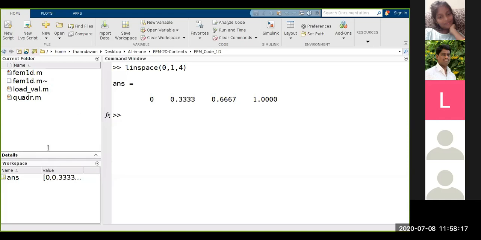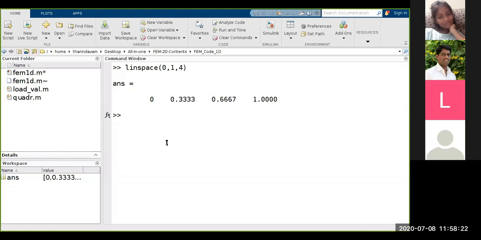Capital A of i to i plus 1, comma i to i plus 1 is equal to capital A of i to i plus 1, comma i to i plus 1, plus AA. Remember, this AA is a 2 by 2 matrix.